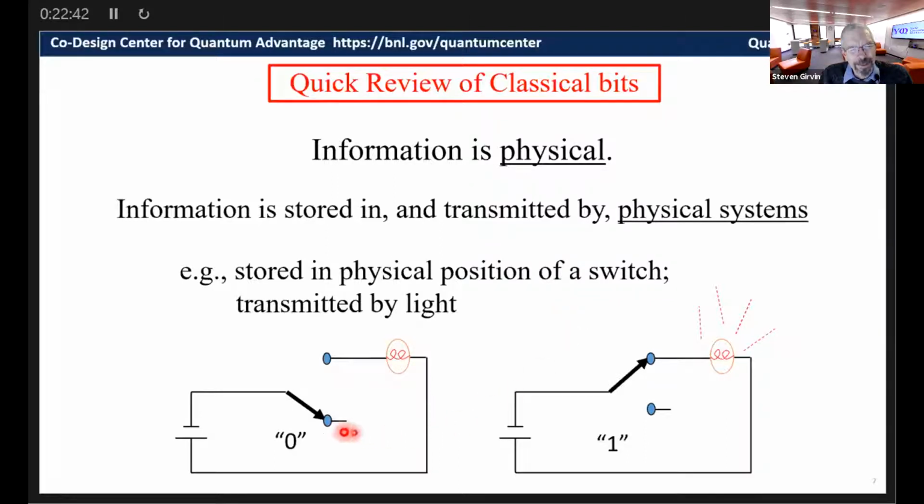And for example, you can store 1 bit of information in the position of a single pole double throw switch. This switch open could be 0, switch closed could be 1. You can transmit that information that the bit is 1 by lighting a light bulb and sending off particles of light to other persons.